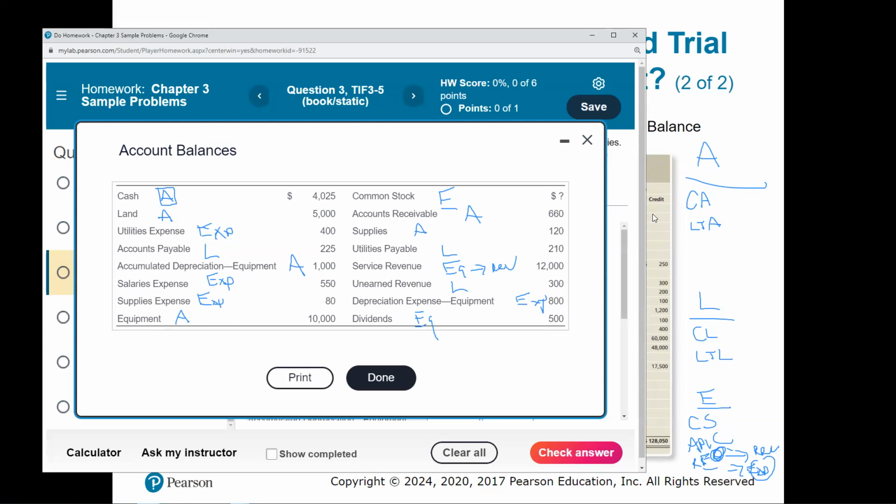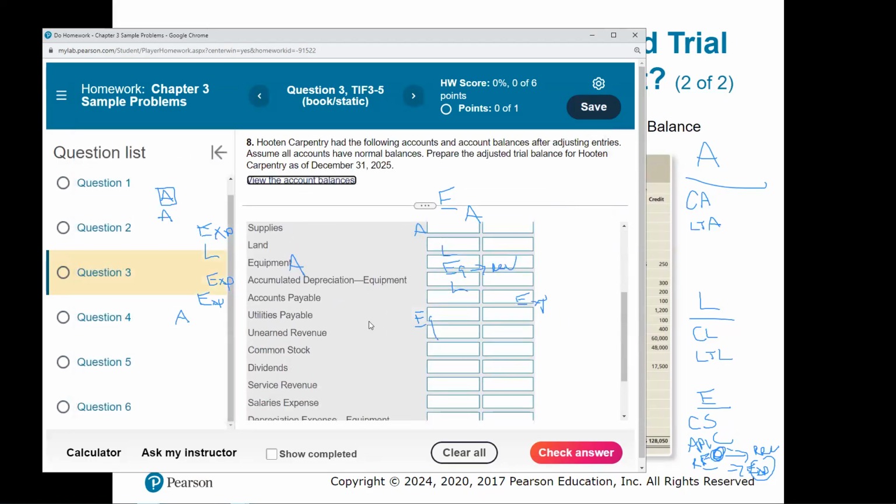So service revenue would be our revenue, and then did they say anything specific about the order they wanted you to put the expenses in? They already have them in order. Oh, they already had them in order. Okay. Oh yeah, you already have your orders.